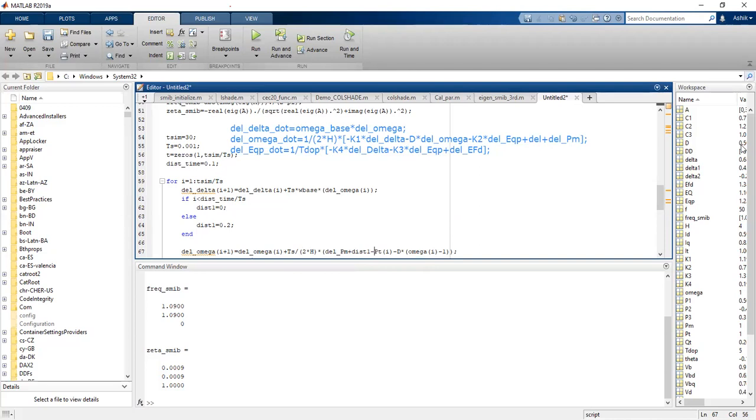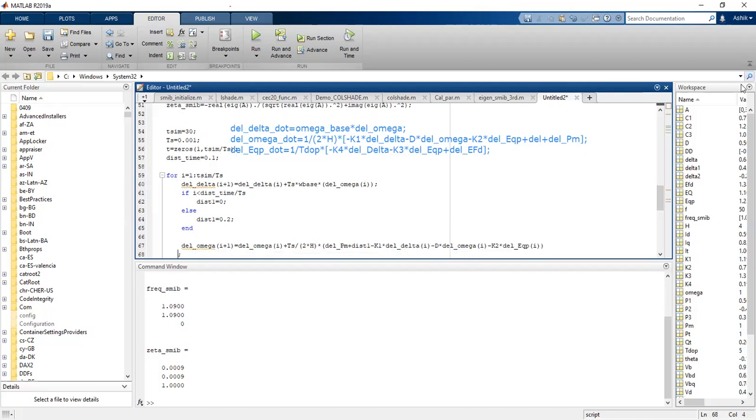Then we have to change here. That is K1 del delta minus D del omega. There shouldn't be any 1 due to the linearization process. Then we have minus K2 del Eq prime i. Hope it is done.